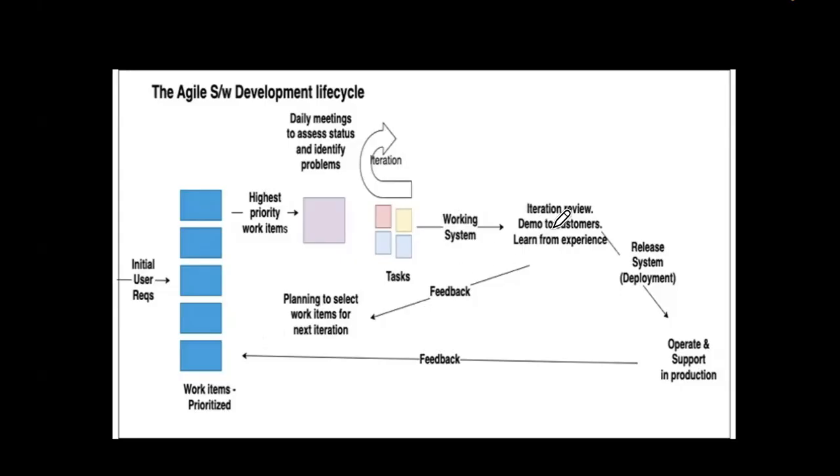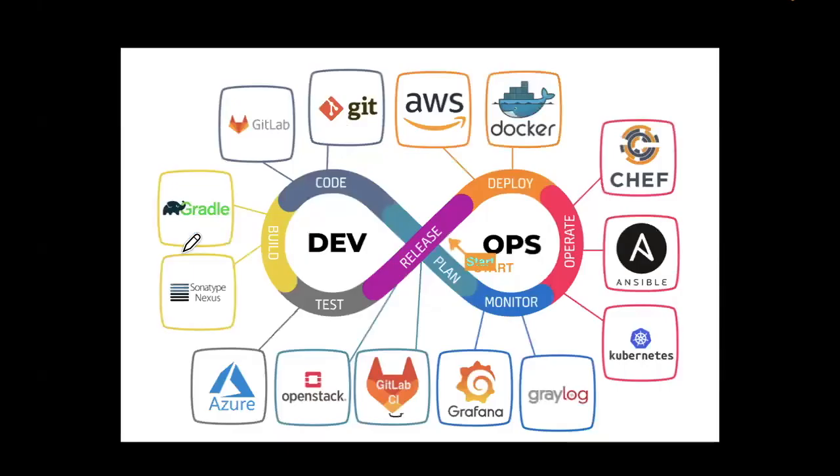If they're happy with it, deploy it straight into production, monitor what's happening in production, get some feedback from that. So that's the idea behind the agile approach. And I am assuming that people are vaguely or maybe in detail familiar with this approach. Now, where does DevOps come in?